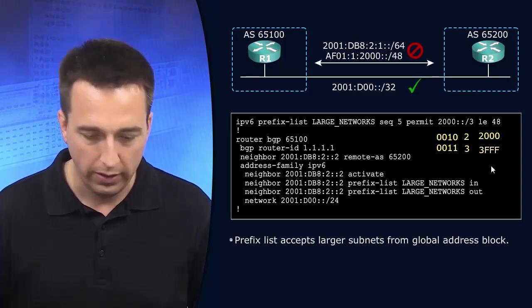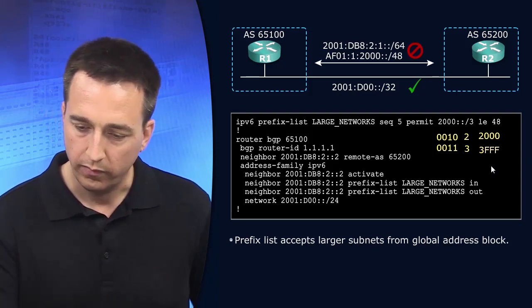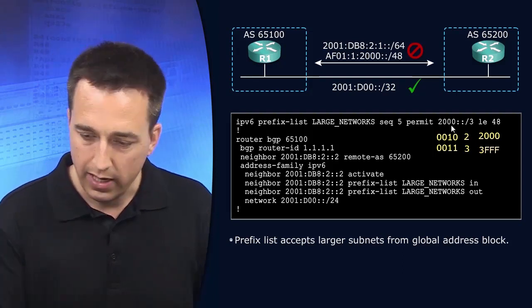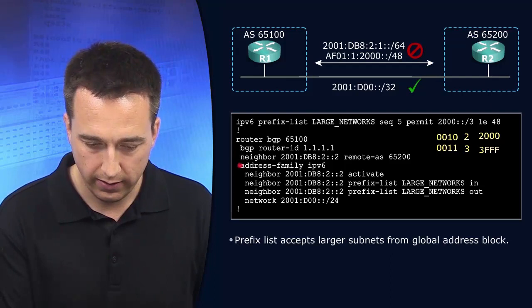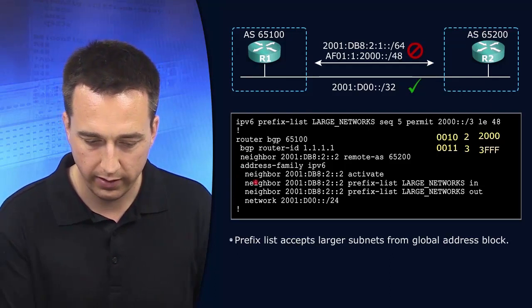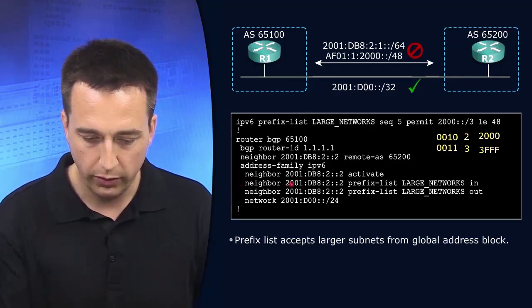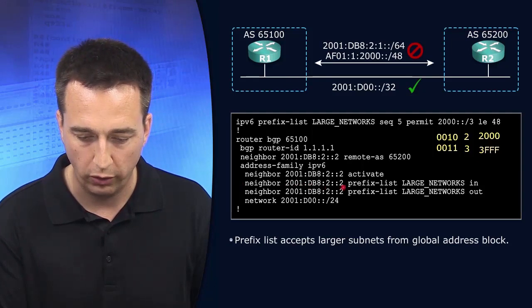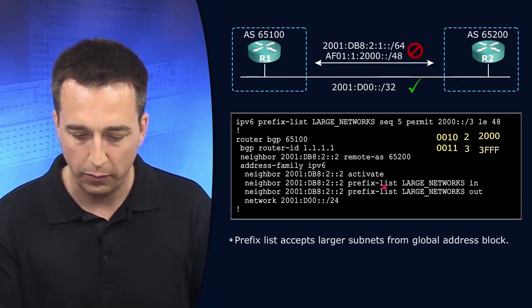So if we look down below now at how it was applied, we can see that the prefix list for neighbor 2001:DB8:2::2, it says that we are applying it inbound.